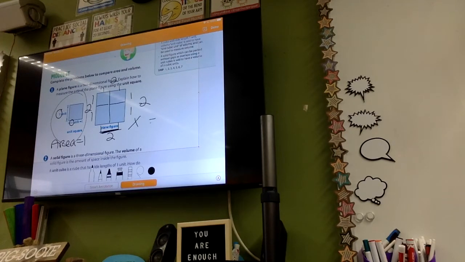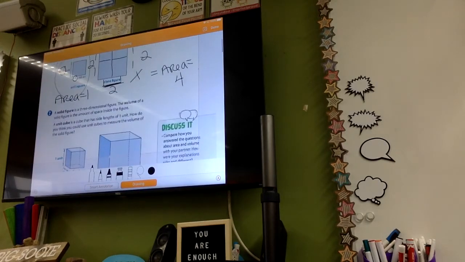So for my plane figure, my area is 4. Okay? We all right so far? Now, when you're looking at a plane figure, if it has unit squares in it, do they overlap? No, they're just butted right up against each other, right? They're all butted up against each other.